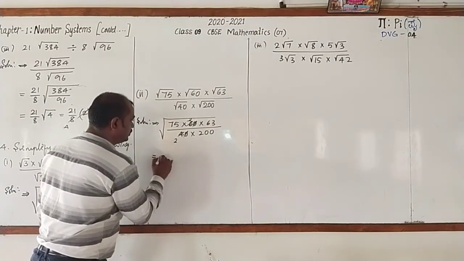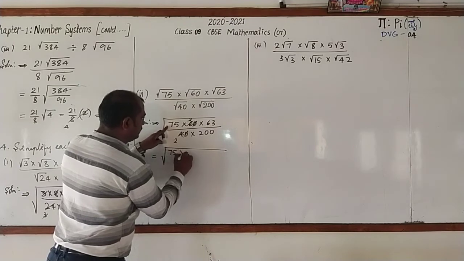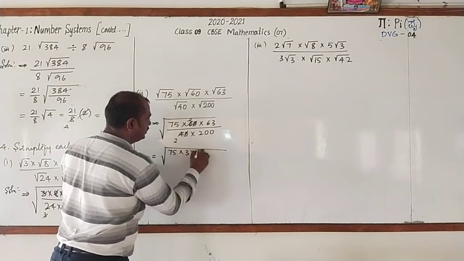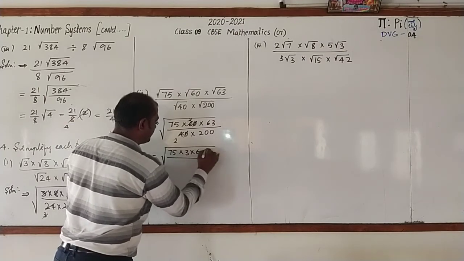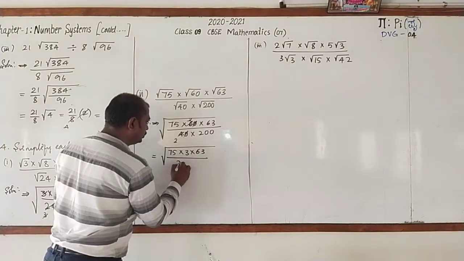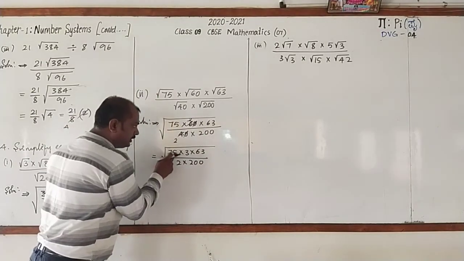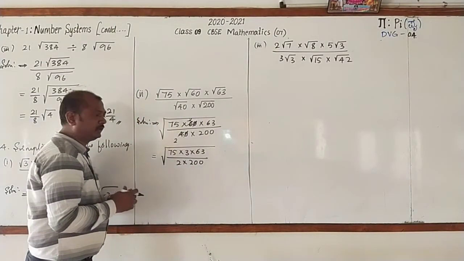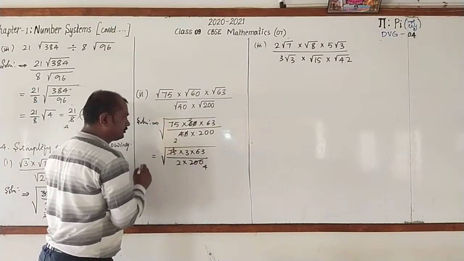It is equal to square root of 75 into 3 into 63 whole divided by 2 into 200. Observe, 75 and 200 are multiples of 25. 25 3s are 75, 25 8s are 200.